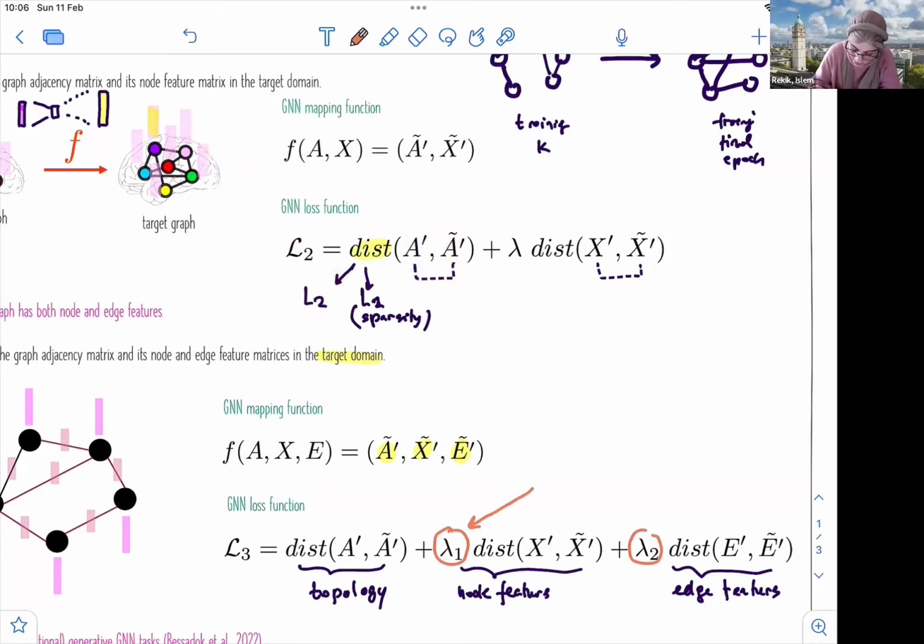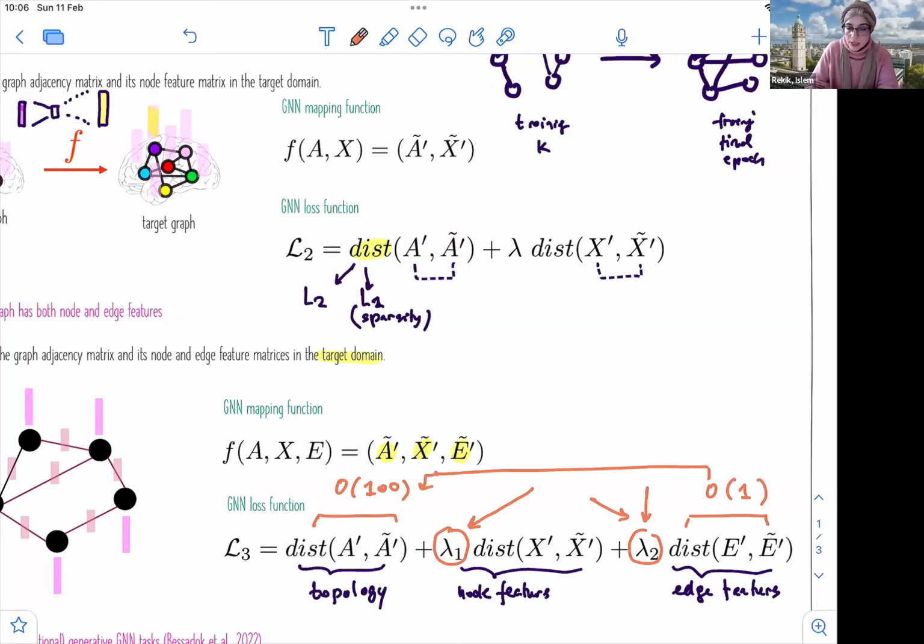They balance these terms. So for example, if the range of this distance is in the order of 100 and the range of this distance is in the order of 1, you guys can see that to bring these two together to the same range for the optimizer, we need to multiply by 100, because if you don't do that, the optimizer will only focus on the largest value, which is of the order of 100.